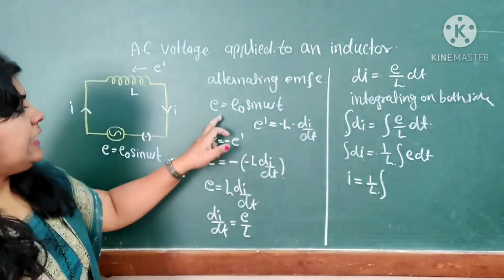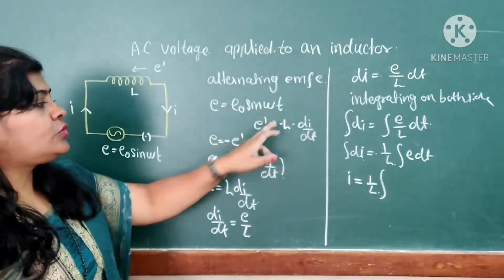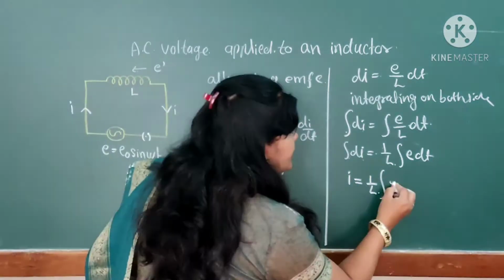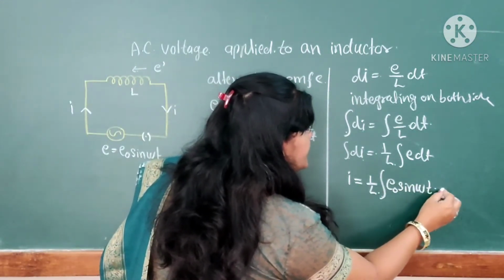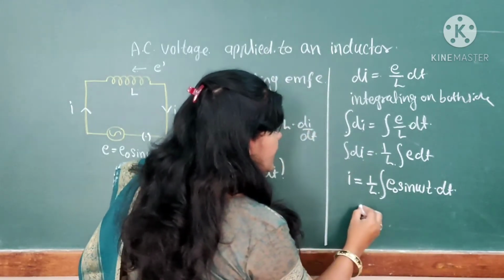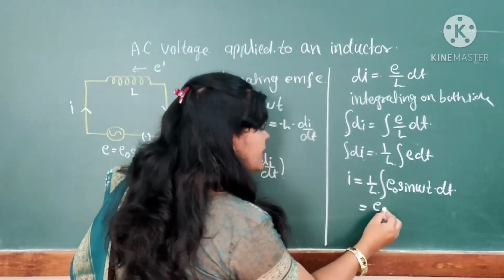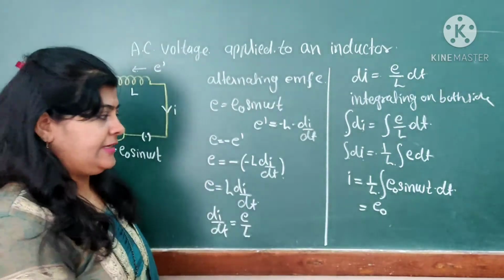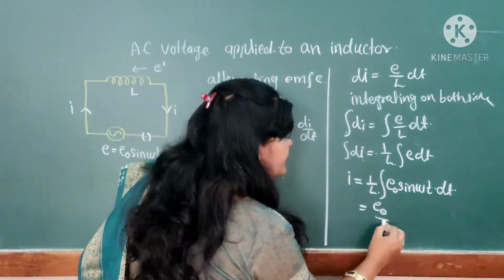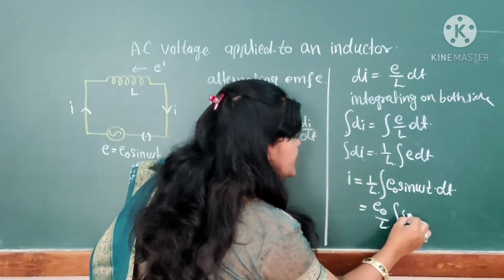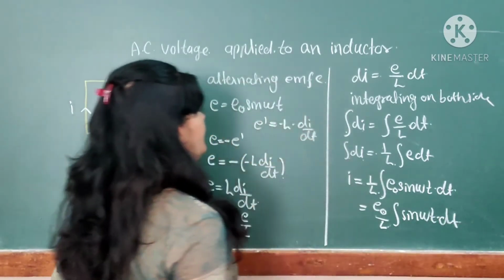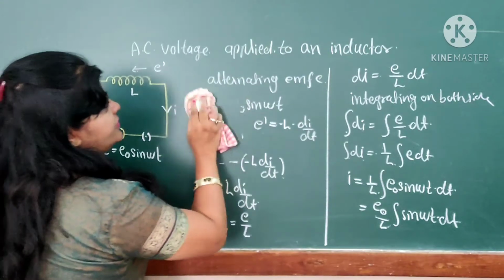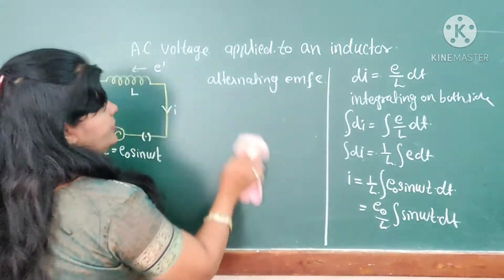E means E is equal to E0 sin ωt. Substituting E0 sin ωt into dt, E0 is a constant and is taken outside the integration. So E0 divided by L into the integration of sin ωt dt.